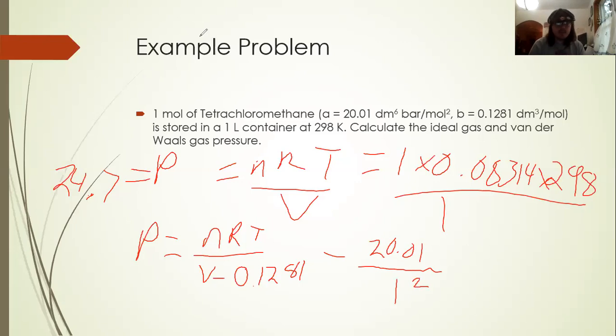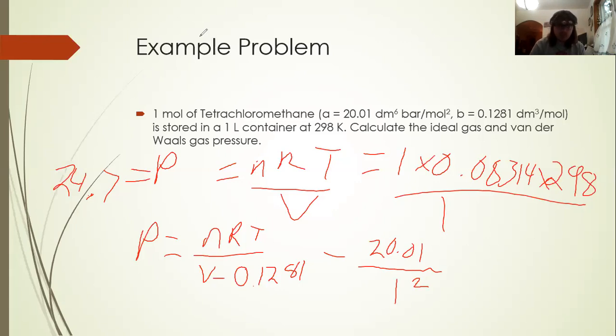Okay. So 0.08314 times 298 divided by 1 minus 0.1281. So that term by itself sees a drop. So if that was alone, that would be jumped up to 28.4.